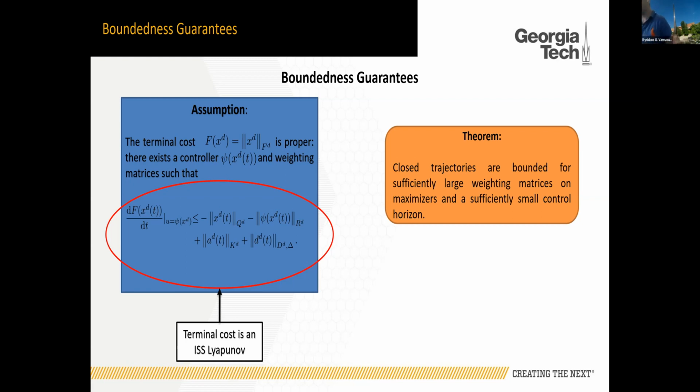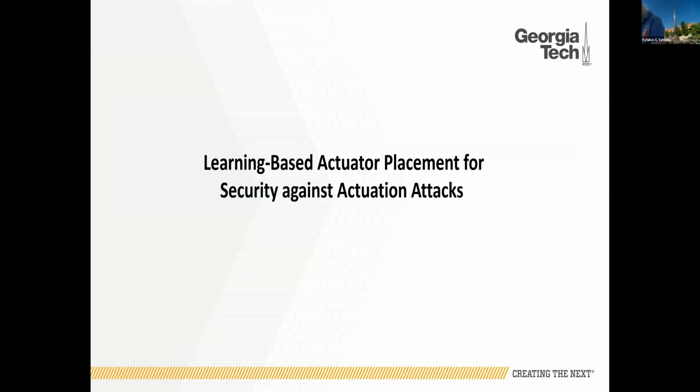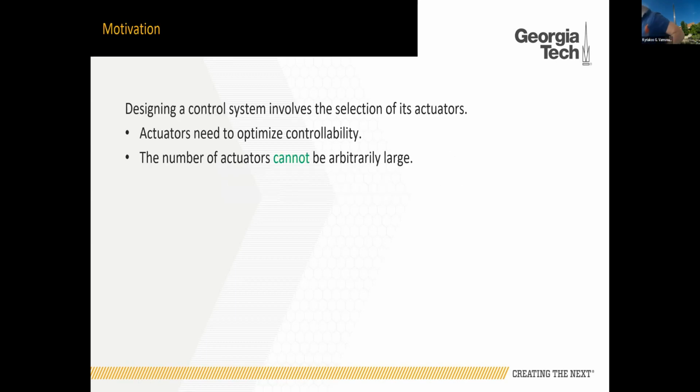Now let's say that I don't want only to estimate my initial condition, but I want to do something more. What I want to do eventually is place some actuators, while the attackers are trying to make me place the actuators in the wrong places, but again, they want to remain stealthy. So I want to design this control system that involves the selection of actuators.